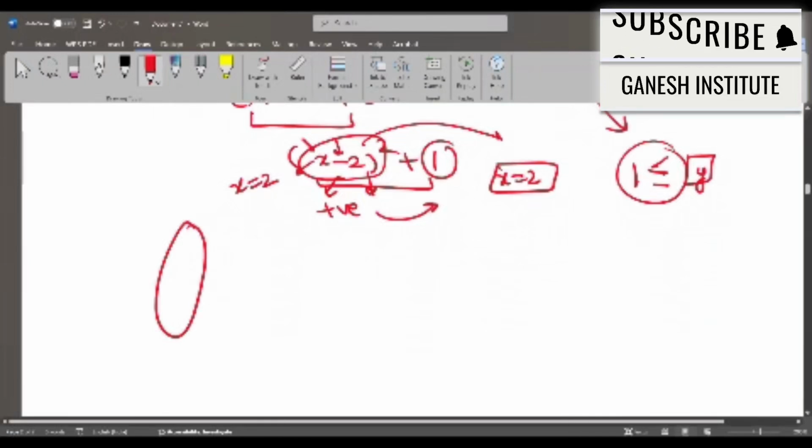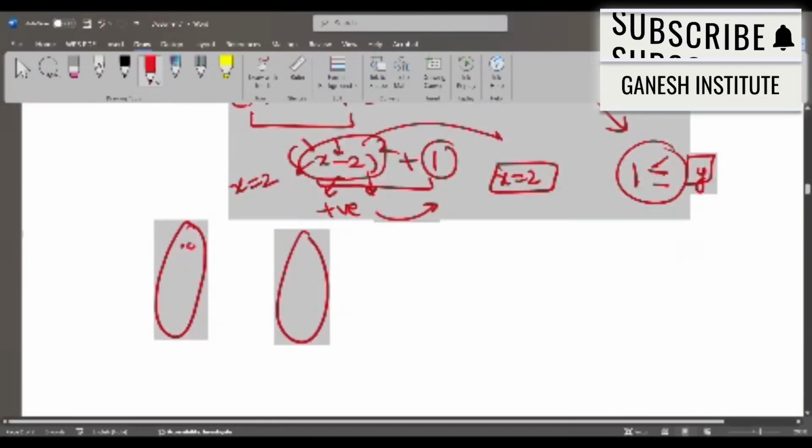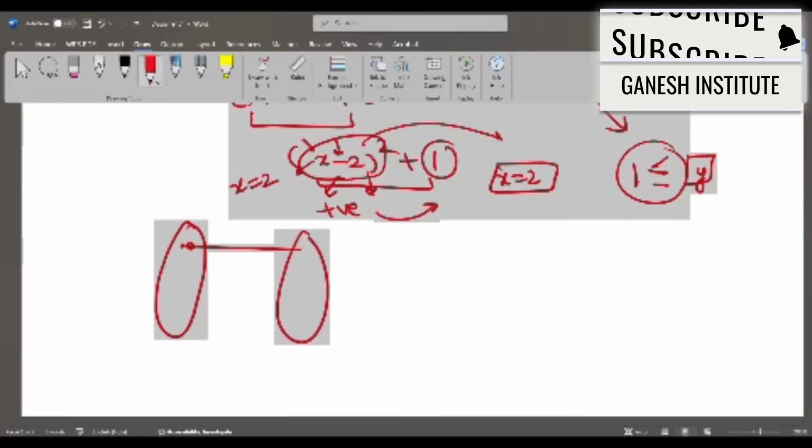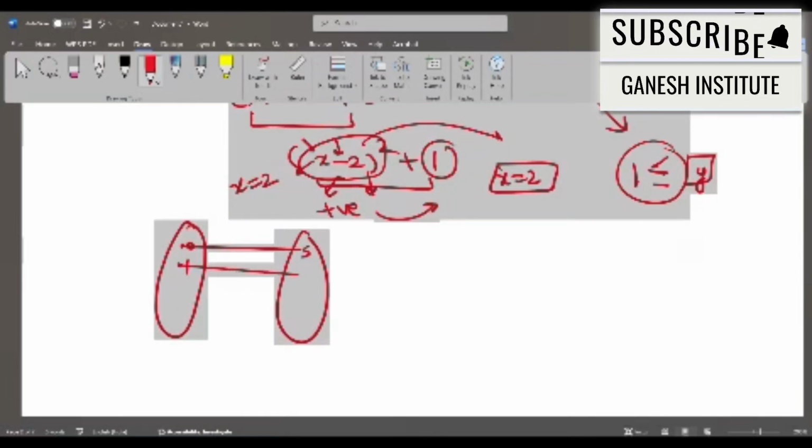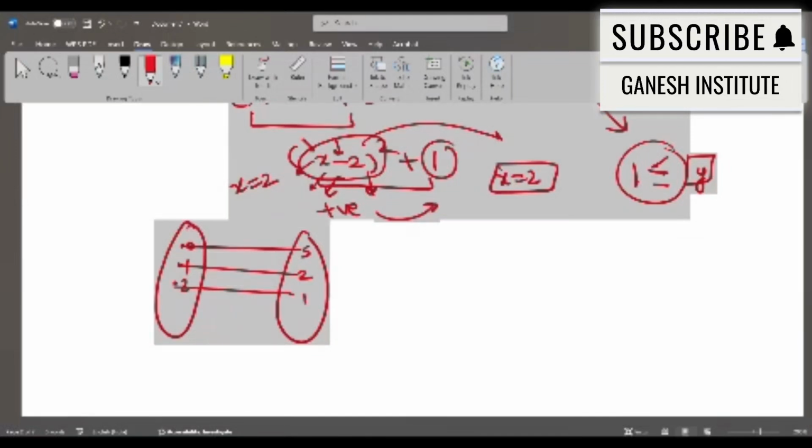Let me draw it neatly. 0 will give me 5. 1 will give me 1 minus 2 is minus 1 square, so 2. 2 will give me 2 minus 2 is 0 plus 1, 1, right? Yeah. Rest all the values will be greater than 1.